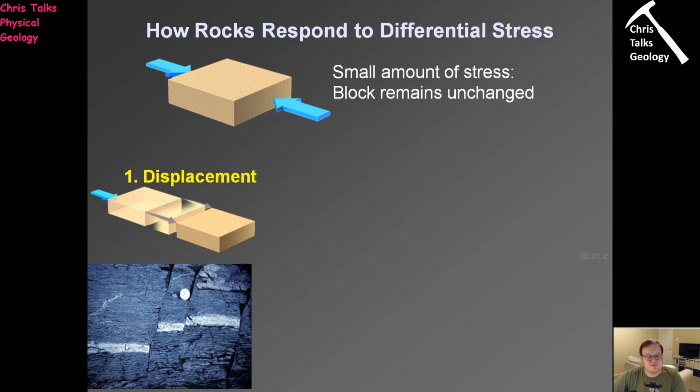And so we can see displacement on this diagram right here. So you can track this white layer of rock right here, and you can see that this block of rock here has displaced upwards relative to this block of rock over here. This block of rock here has displaced upwards relative to this block of rock over here. So this is displacement.